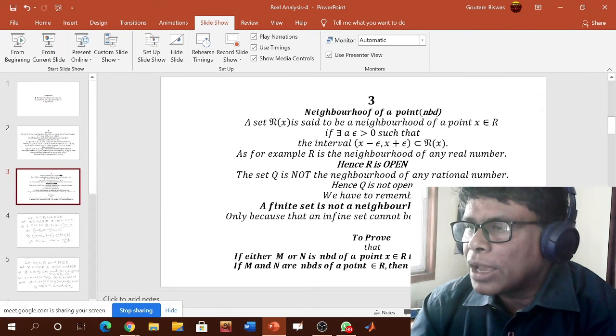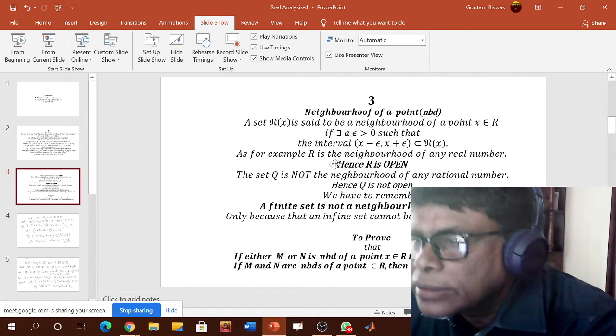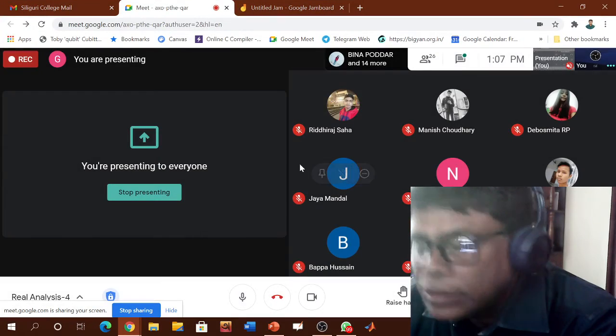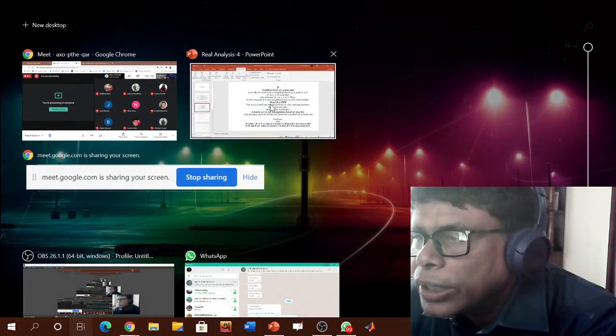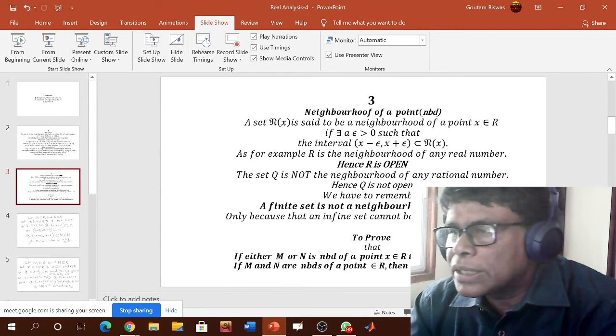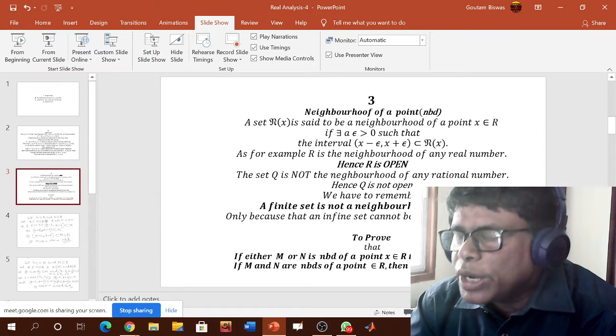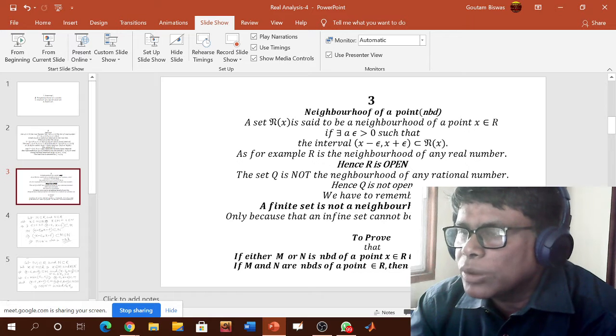So the whole real line can be the neighborhood of any real number, and here R is open. Now, if any set containing x can be represented with such an interval, then it is called an open set.